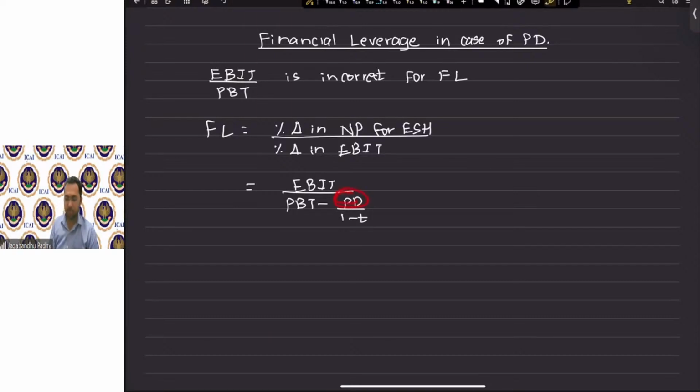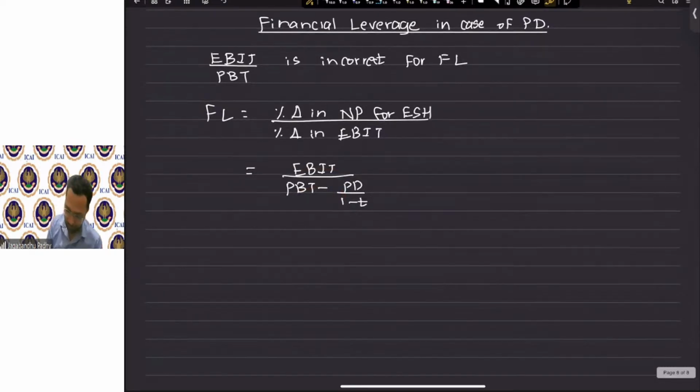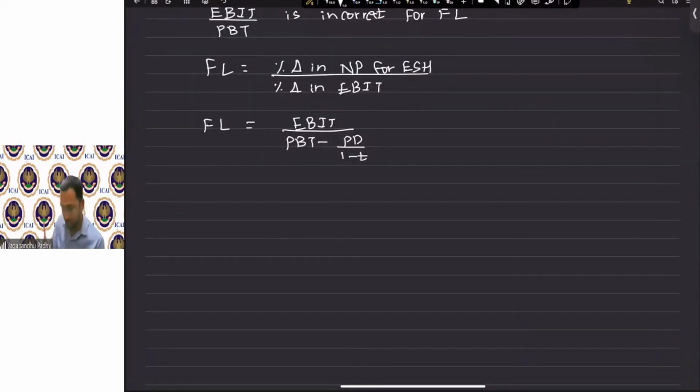So we are grossing up the preference dividend to an after-tax figure and then subtracting it from PBT and dividing EBIT by that. Now, let's verify this with the help of an example.